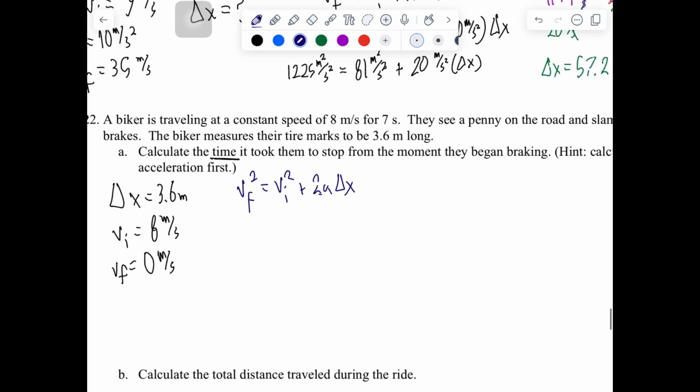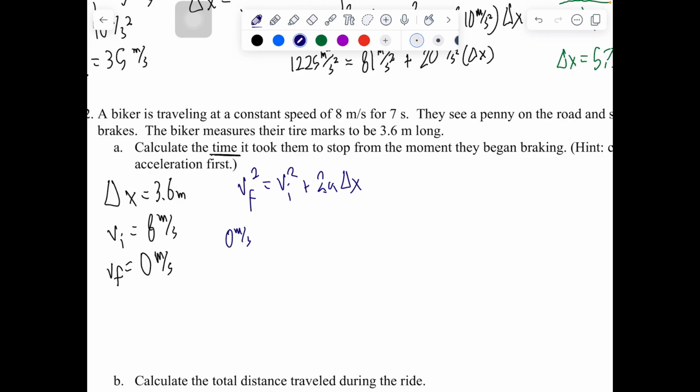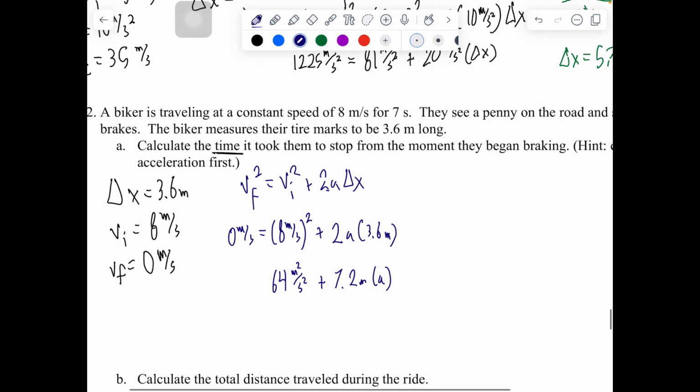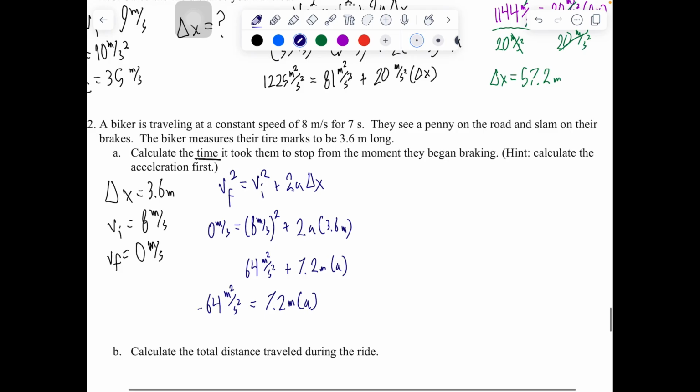We'll plug in, just like last time. And solve. Divide both sides by your 7.2.